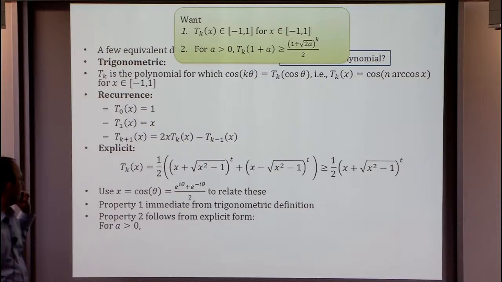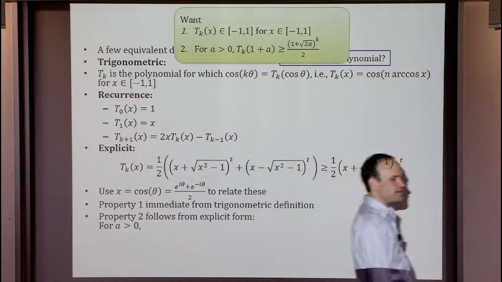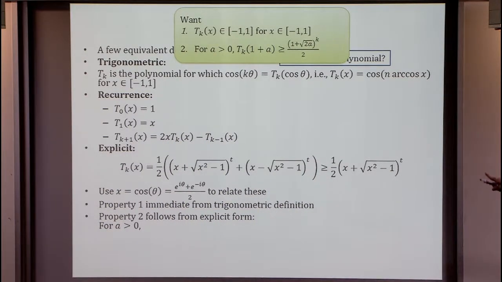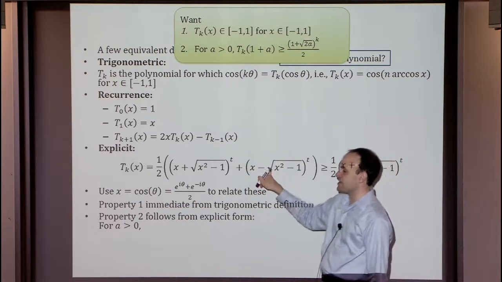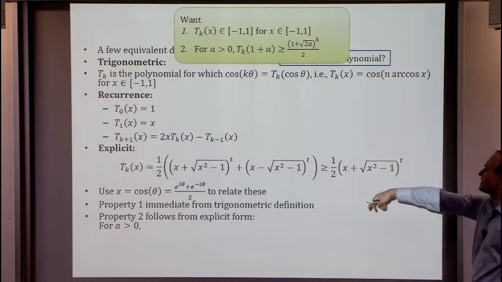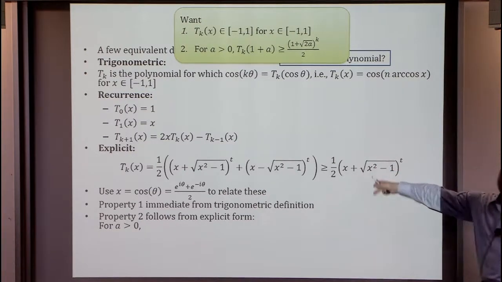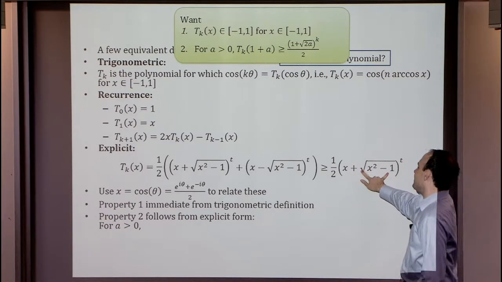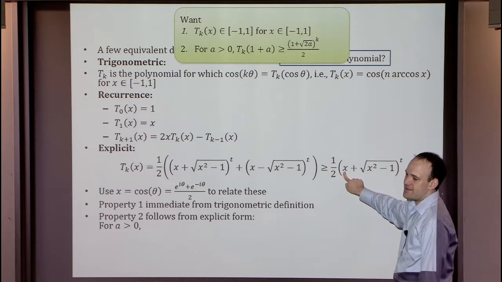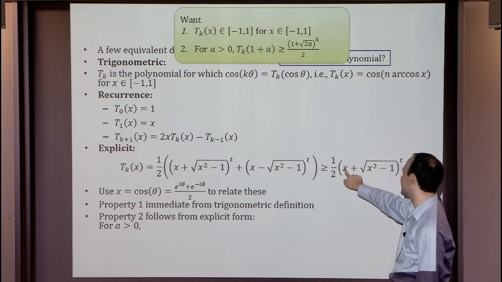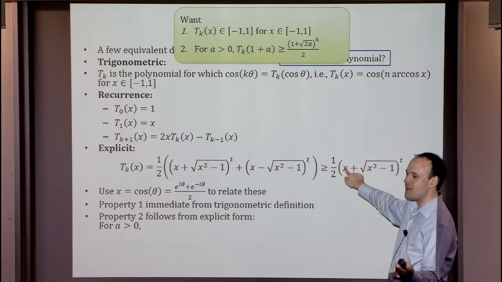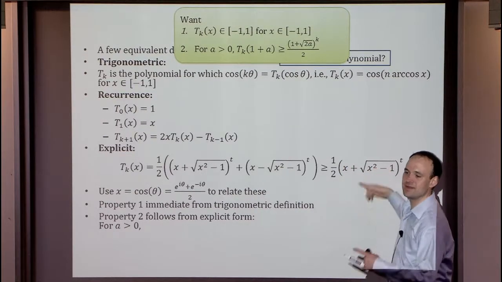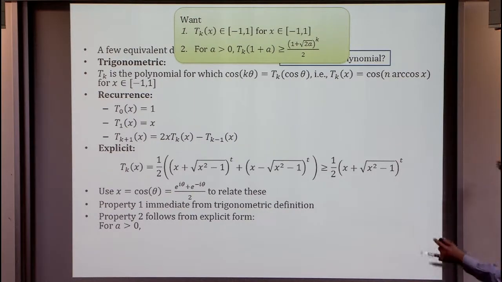And then property 2, the blowing up one, is going to follow immediately from the explicit formula, right? So if you just ignore the second term, the explicit formula is certainly bounded below by this. And then note what was the point here. The point was, well, if I plug in something bigger than 1, then I'll get at least 1 here, and then I'll get something that's bigger than 0, and I'll raise it to a high power.